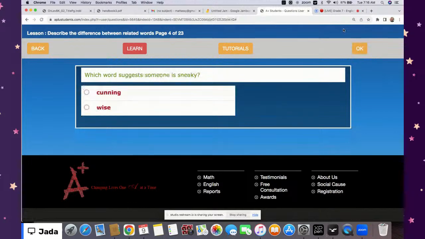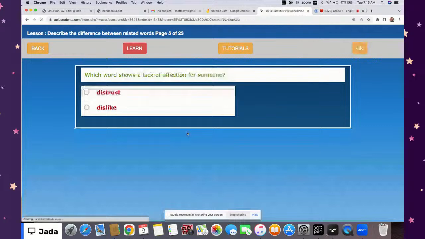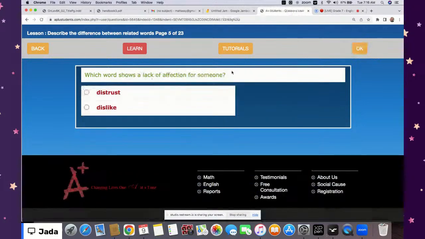Which word suggests someone is sneaky? A sneaky person. Is it corny or wise? So a sneaky person is a corny person, not a wise person. Which word shows a leaning for someone, distrust or dislike?